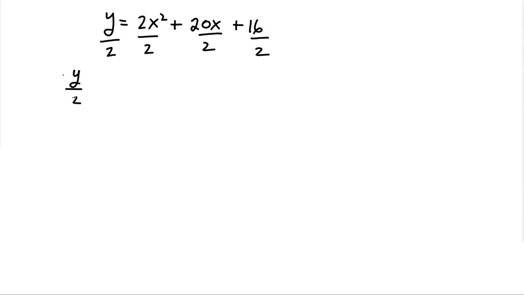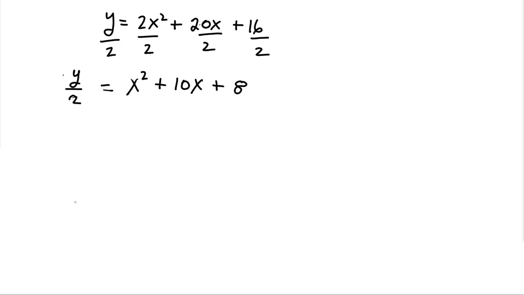There is nothing I can do with that. On this side, 2 over 2 is 1, so that is just x squared, plus 20 over 2 is 10, so 10x, plus 16 over 2 is 8.